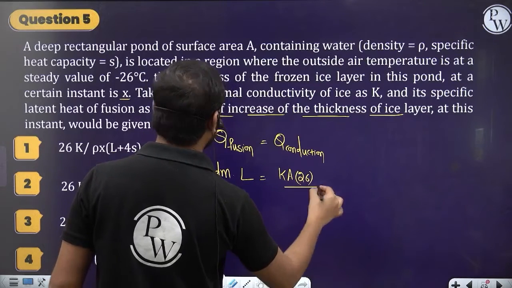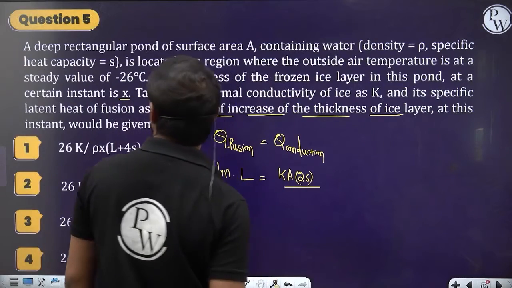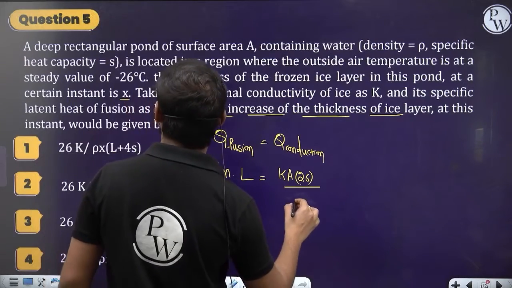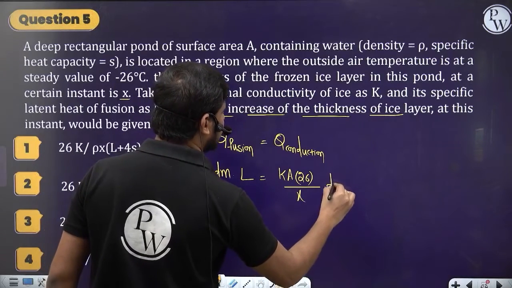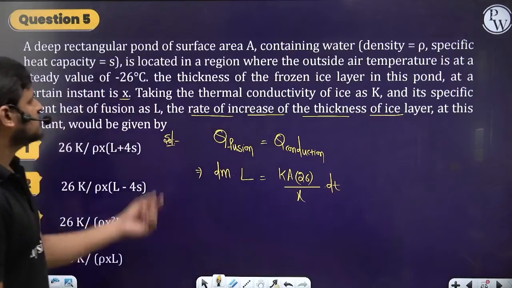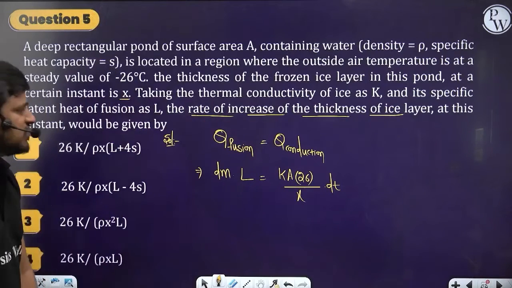So dm into L is equal to K A theta by x, the length at this instant, into the time dt. What we require is the rate of increase in thickness.